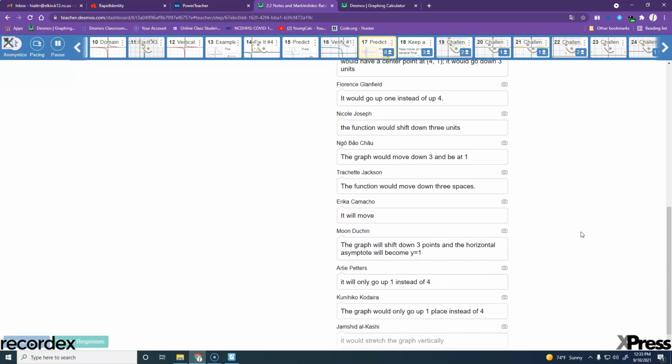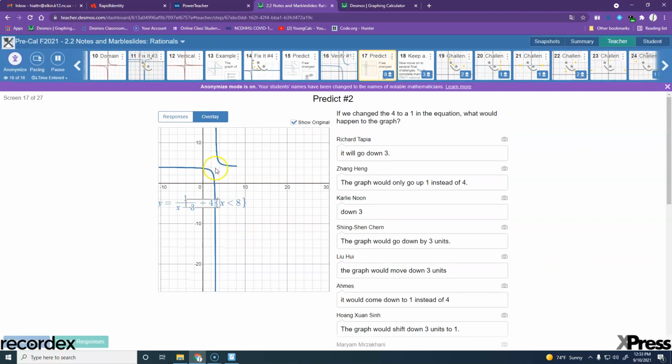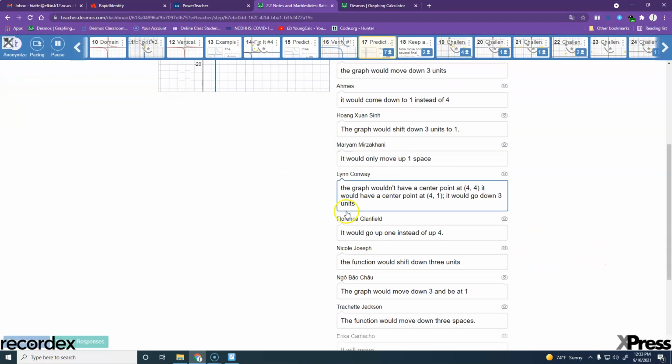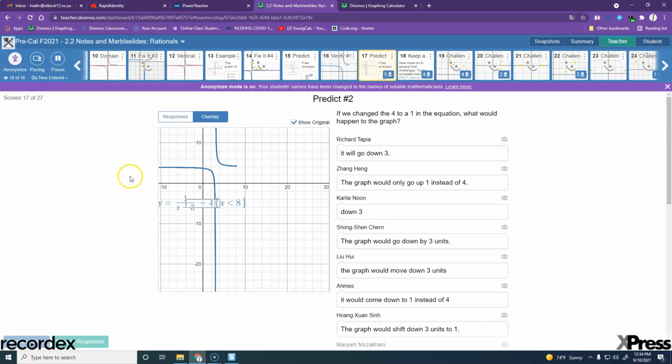So it's going to move this down 3 units, or we could say that it goes up 1 instead of up 4. This person said the graph wouldn't have a center point at 4, 4. It would have a center point at 4, 1. So that's another good way to explain what's happening there. Okay, questions?